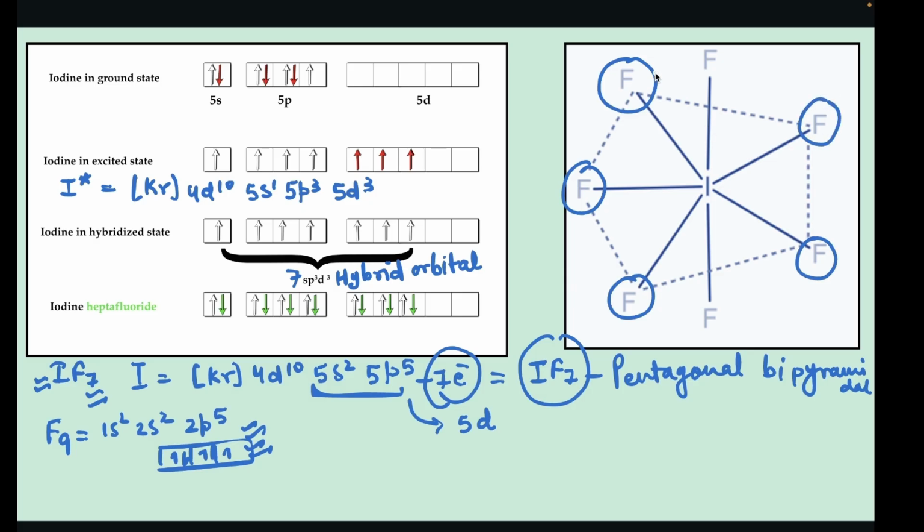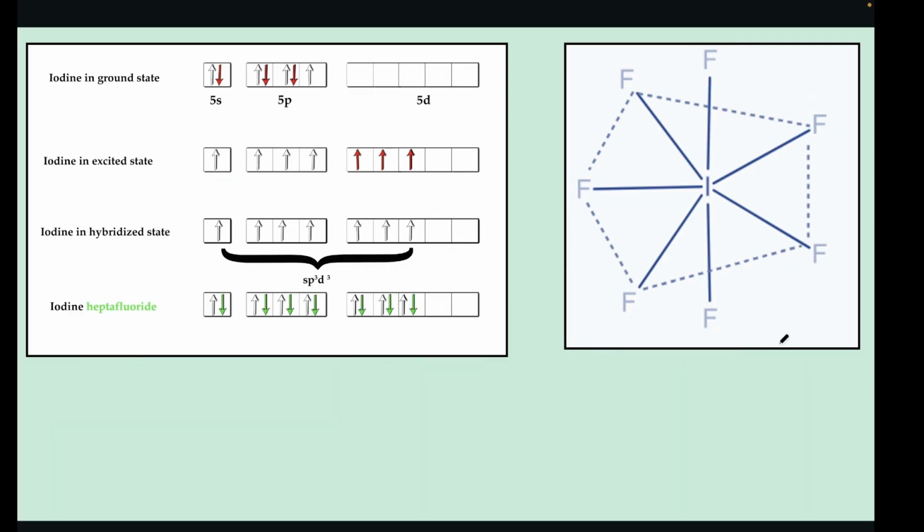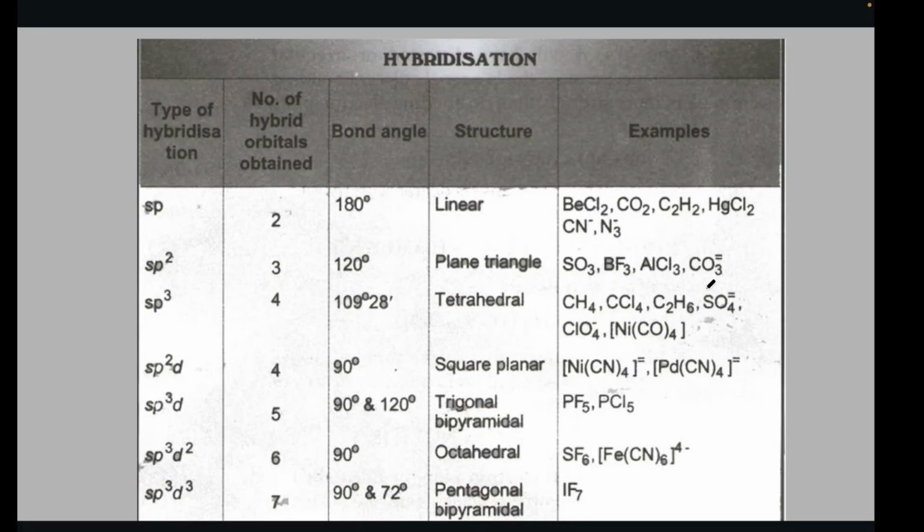So these 5 fluorine atoms are in one plane and 2 fluorine atoms are in axial position. These 5 fluorine atoms are 72° apart and 2 fluorine atoms are above and below the axial plane. Iodine heptafluoride.